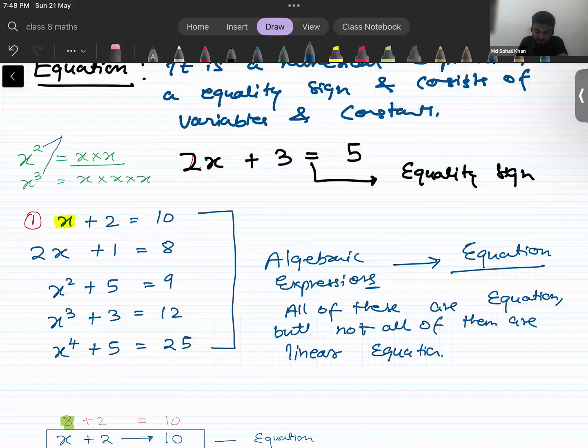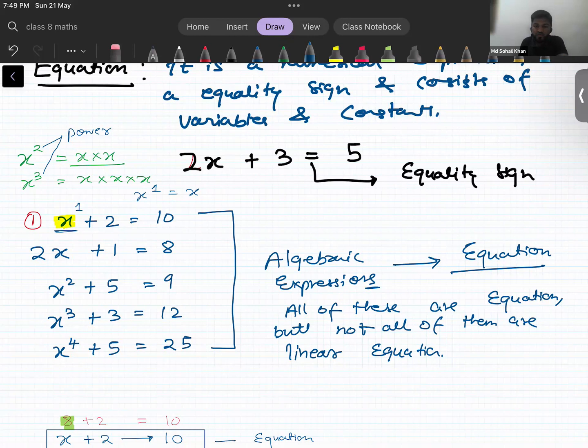This 2 and 3 here is called power. So what is the power of x here? It is actually 1. If x is not being multiplied, that is simply x to the power 1. X to the power 1 simply means x.